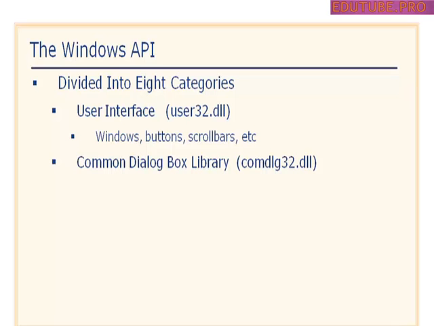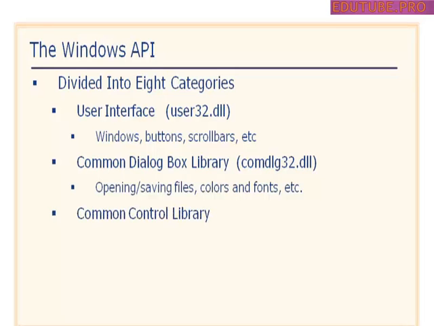The common dialog box library, comdlg32.dll, is what we're going to use to pass commands to Windows to open and save files, to work with colors, fonts, and really anything where you see a dialog box pop up. You've seen the color chooser, and not the process of opening and saving the file, but the dialog box that lets us see the files and browse our disks, all comes from the common dialog box.